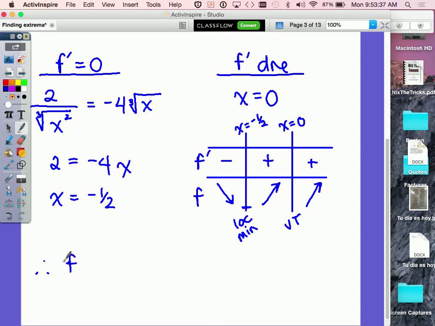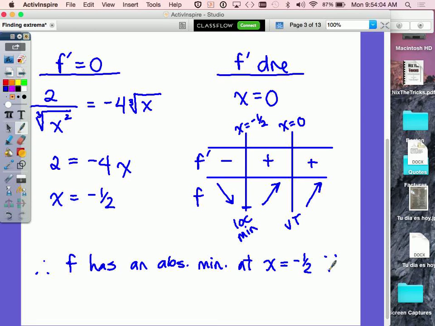I'm going to say, therefore, f has an absolute minimum at x equals minus 1/2 because, and now if I said because f prime changes sign from negative to positive, that would be a good answer for a local minimum, but it's not enough for an absolute minimum.